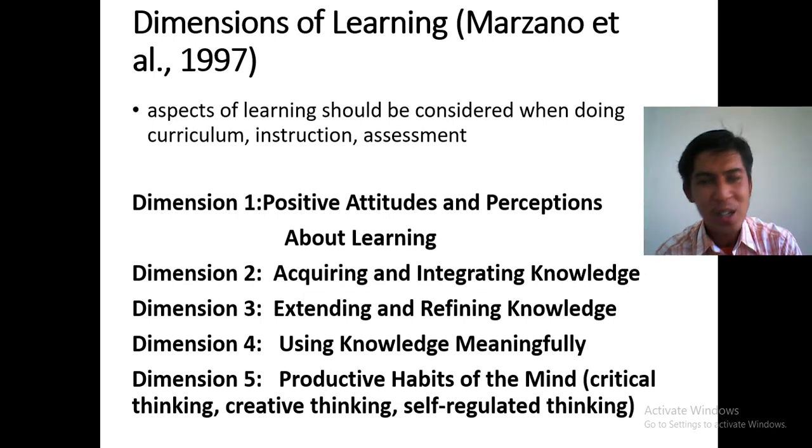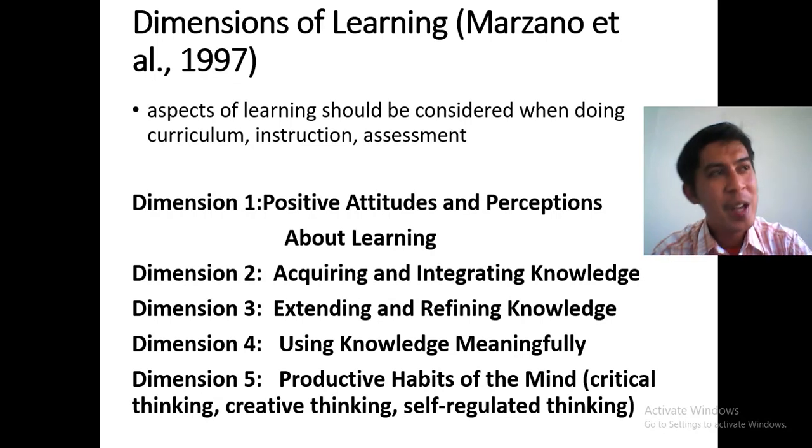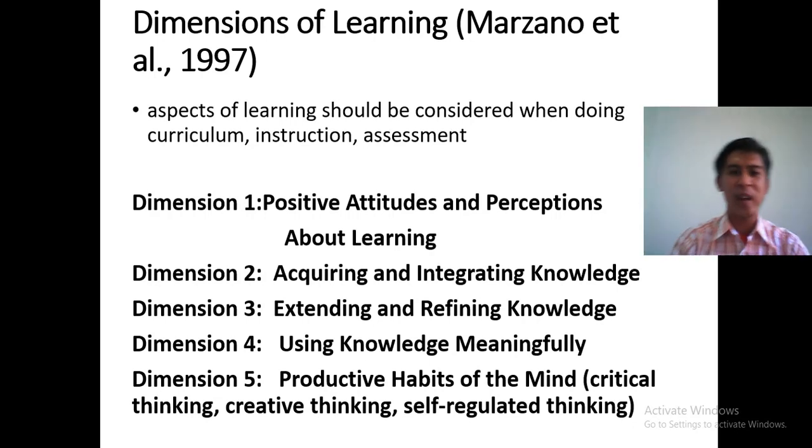The module should develop love for learning. It should not push the students away. Once they have developed positive attitudes and perceptions on learning, then they are ready to acquire and integrate knowledge.